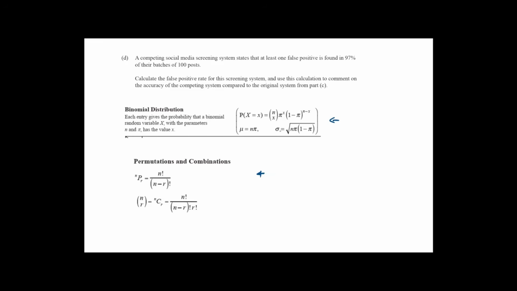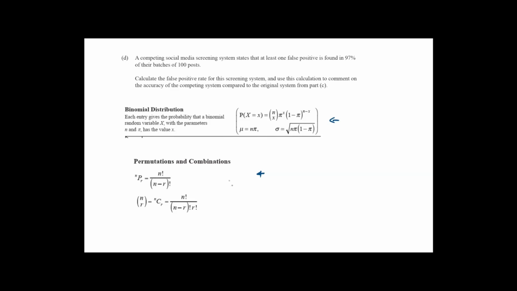So we are going to use this one first. So when you put the numbers in the calculator, this is the sort of calculation that it's doing. This is the grunt work that you're going to see. All right. For this one, then, they want to know calculate false positive rate for the screening system and comment on the accuracy of the system over 100 trials.